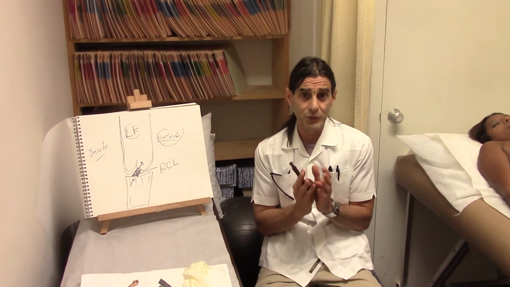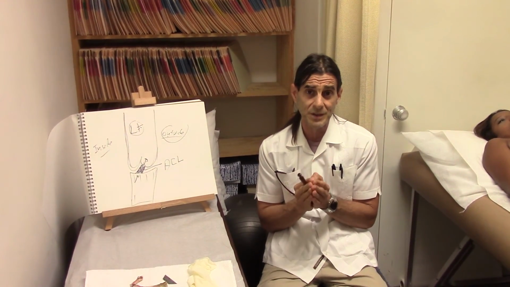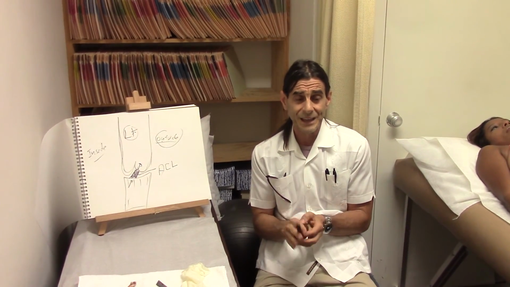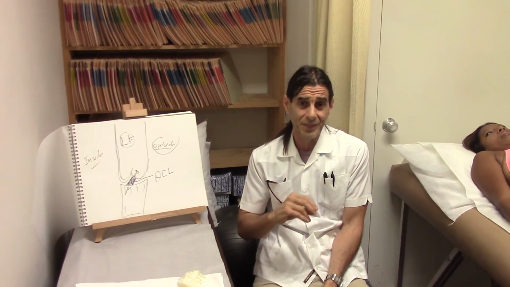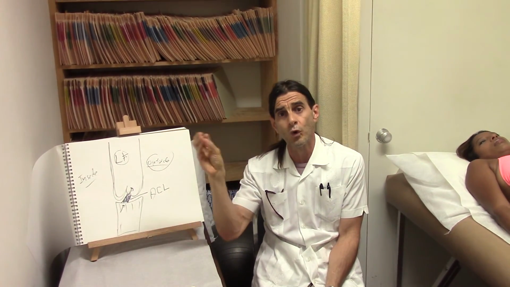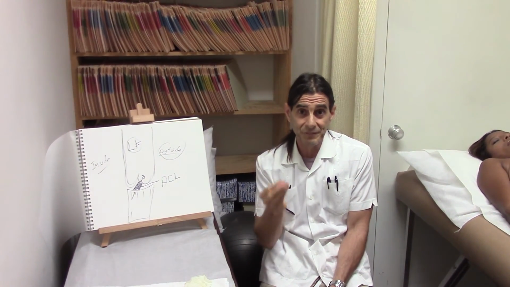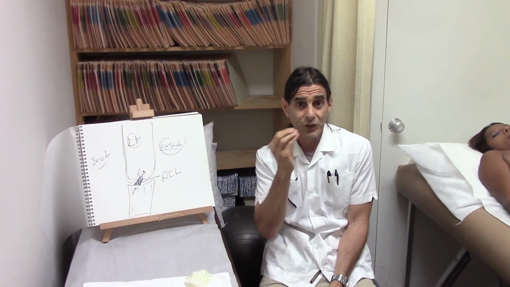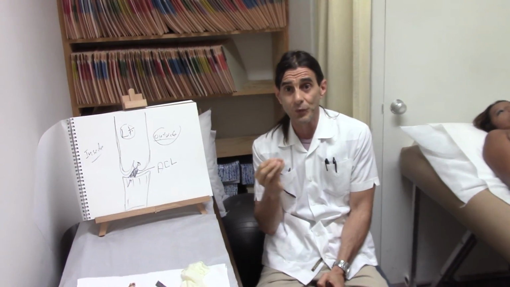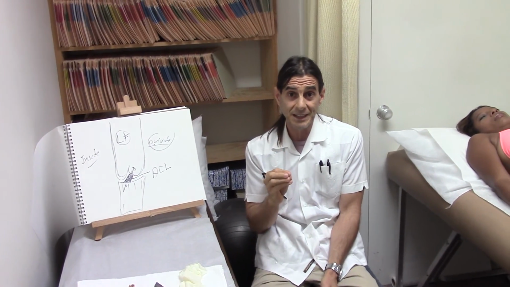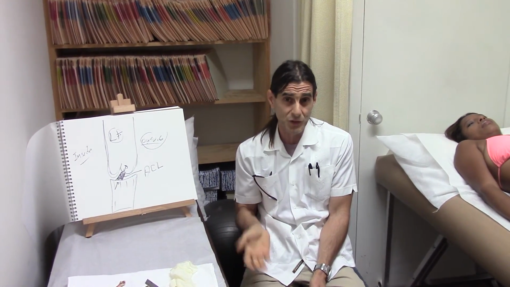So if you're an individual that unfortunately has had their ACL torn, and you want to continue with as close to a normal, functioning life as possible, ACL reconstruction is one of those procedures that does have a valid use in the orthopedic domain, because it does stabilize the knee, and stability is key to a healthy joint.